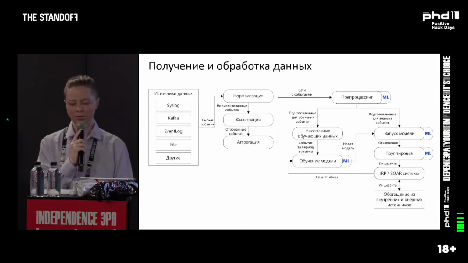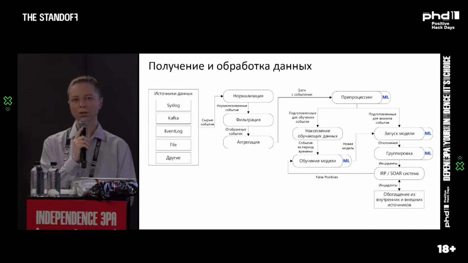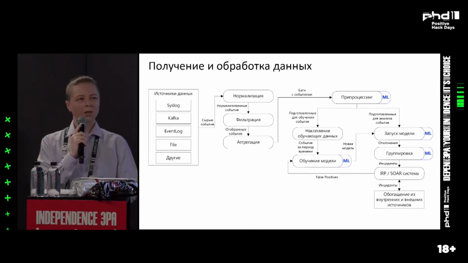In the course of the experiments, we ended up with a solution which would take a flow of events from different formats. It would normalize them into a single flow. Then we would filter the features and aggregate.